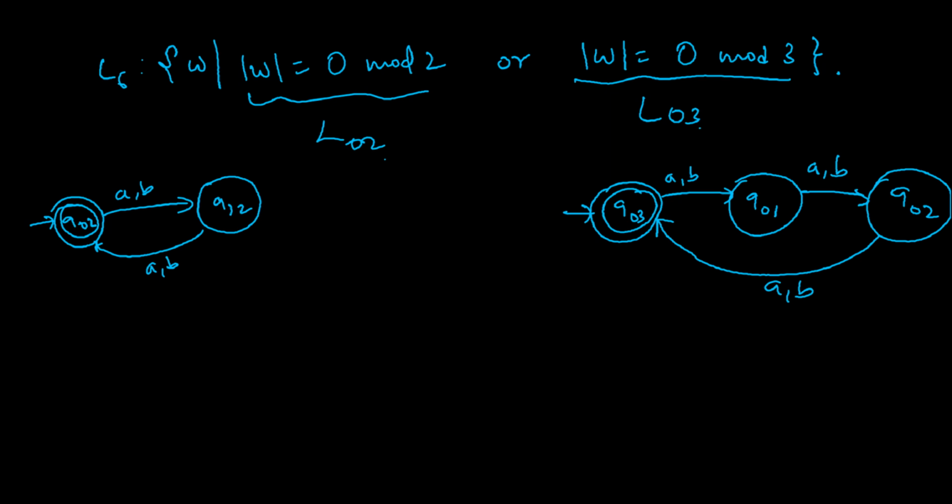So this is your M1, which is the machine for L02, and this is your M2, which is your machine for L03.